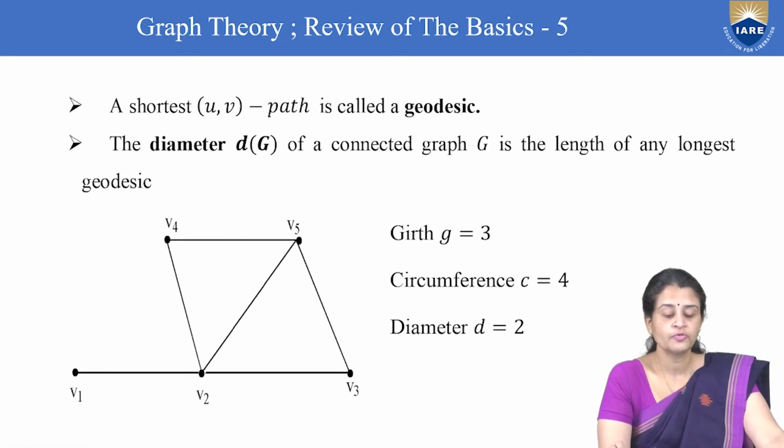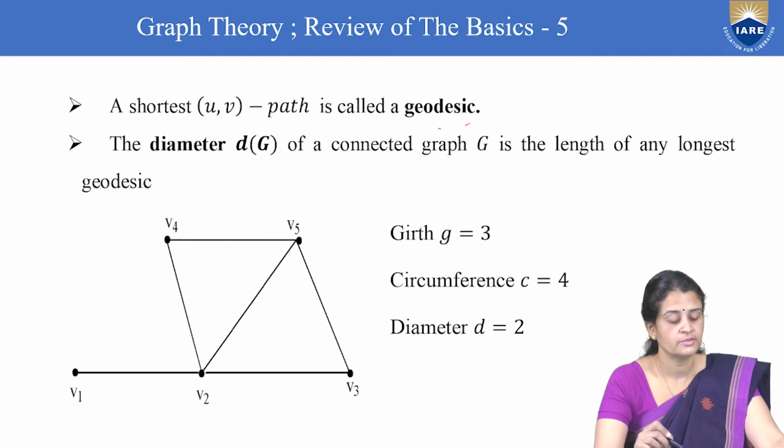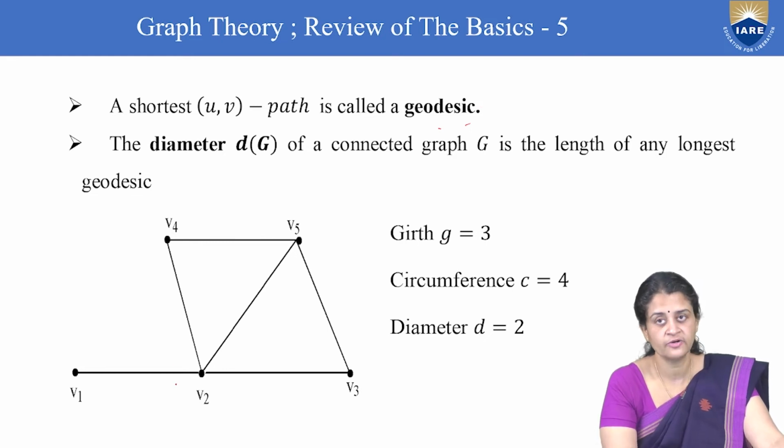Now we will see something more on distance. The shortest UV path of a graph is called a geodesic. The diameter d of G of a connected graph is the length of the longest geodesic. Consider this graph.